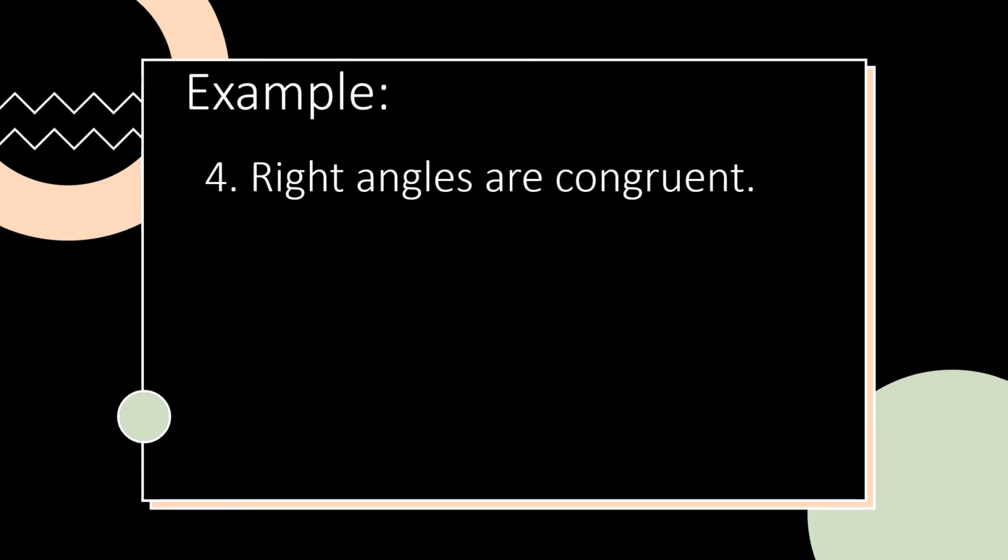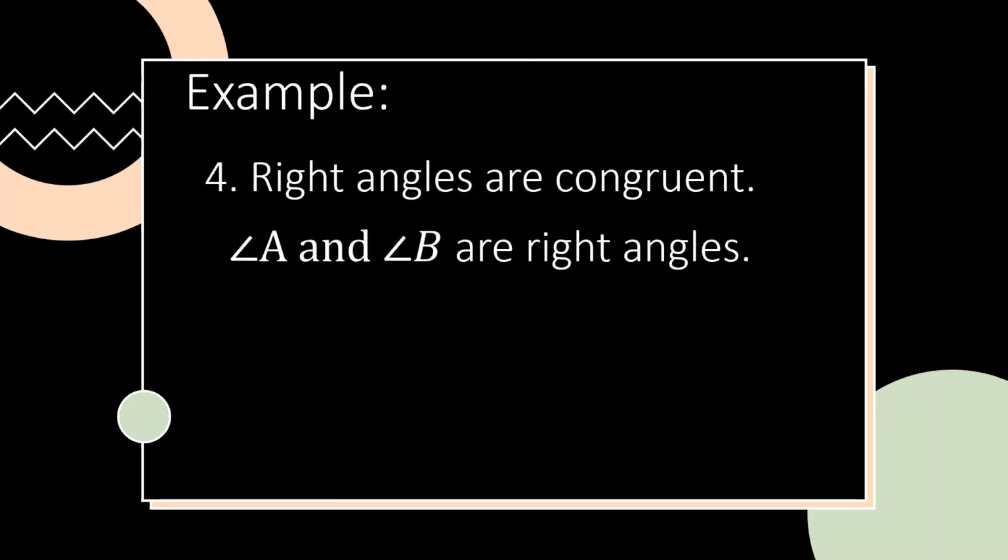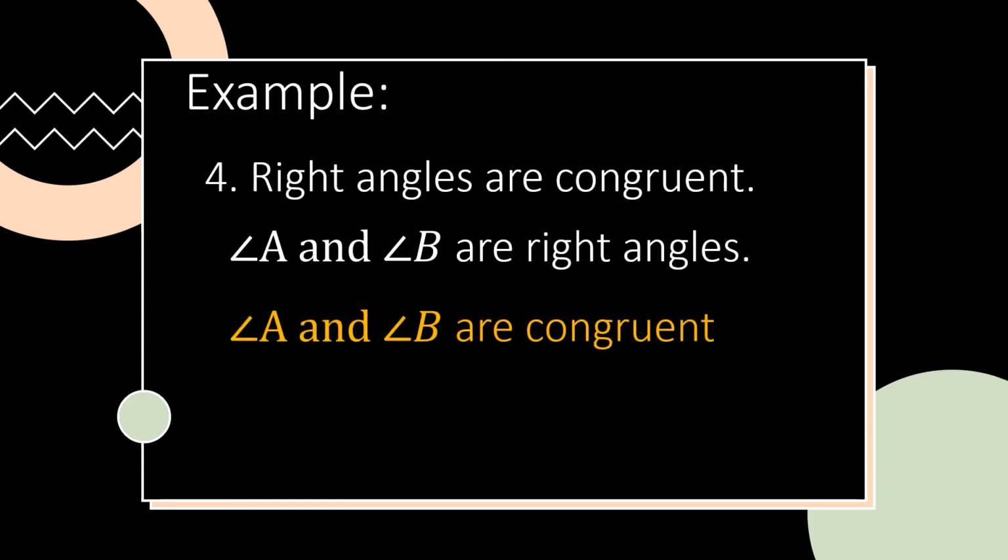Another. Right angles are congruent. Angle A and angle B are right angles. So what can you say about angle A and angle B? Perfect. Angle A and angle B are congruent. Great job, grade 8.